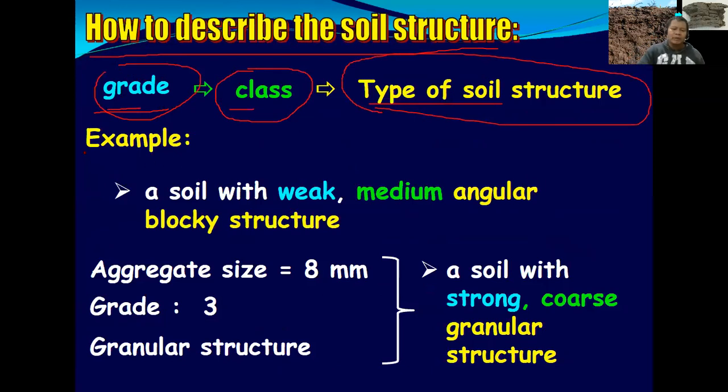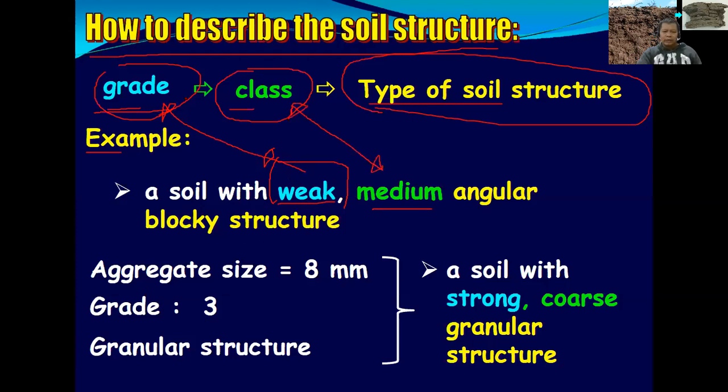Example, a soil is weak. This is how we describe soil structure. A soil is weak, which is based on durability, which is the grade. Look at the color, the same color, because this is the grade. Again, soil with a weak grade, then medium, based on the size of the particles, size of aggregates.